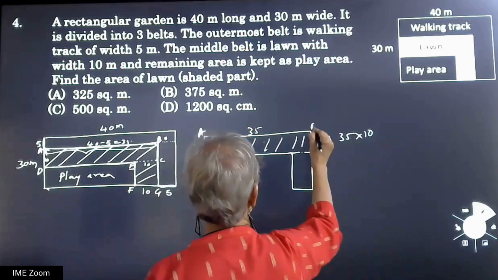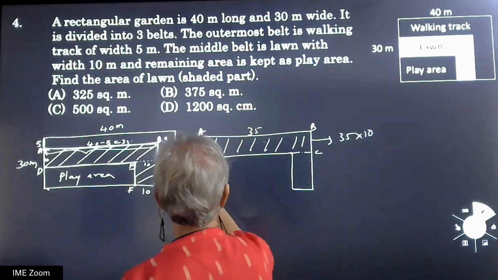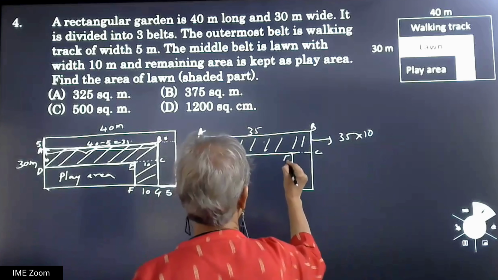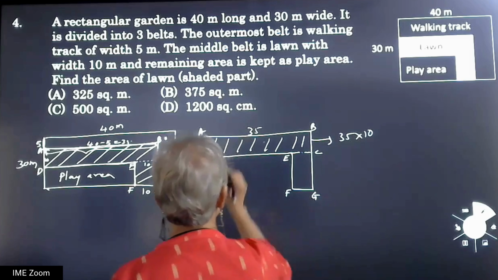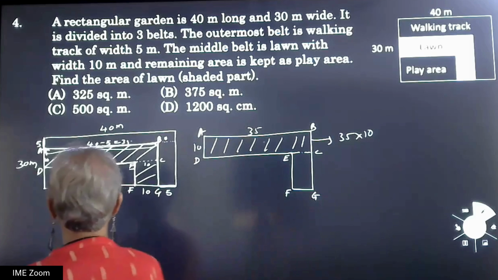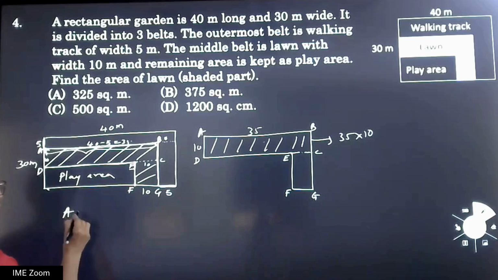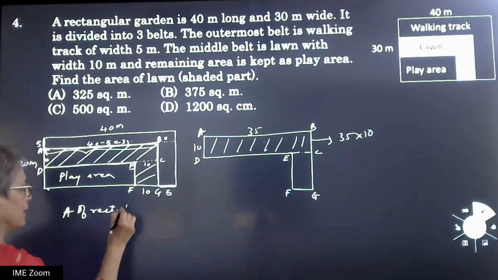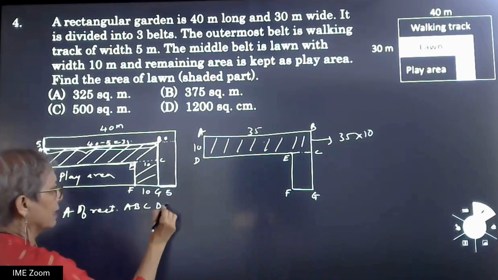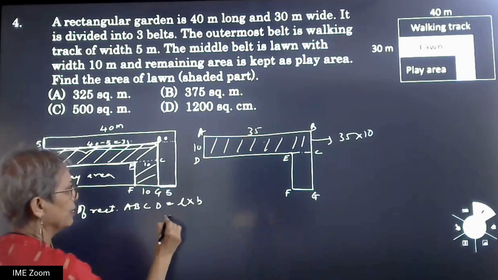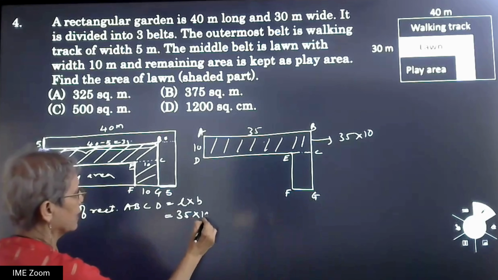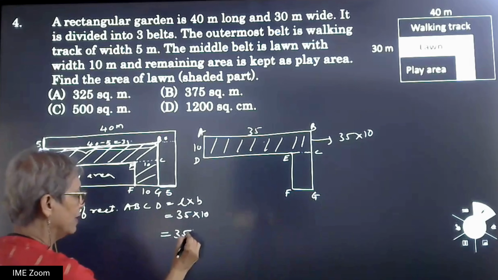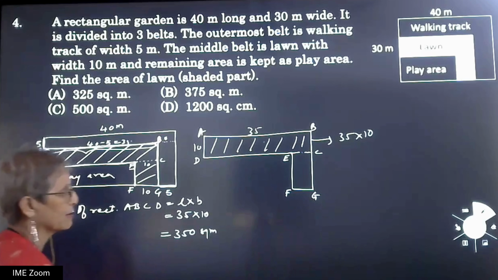A, B, C, D. And then here it is E, and here it is F, and here it is G. So first, area of rectangle ABCD is L into B, formula is L into B, L is 35 and breadth is 10. And therefore area is 350 square meters.